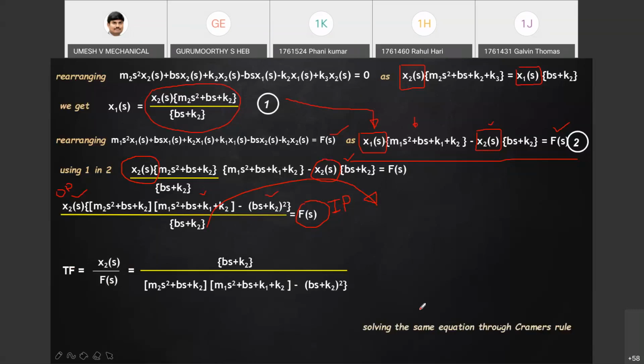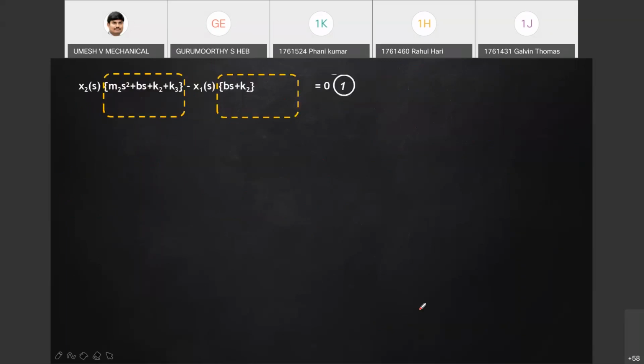Now those who have not understood Cramer's rule, same equation, let us try to solve using Cramer's. You can choose equations. See, quantity x should be x.